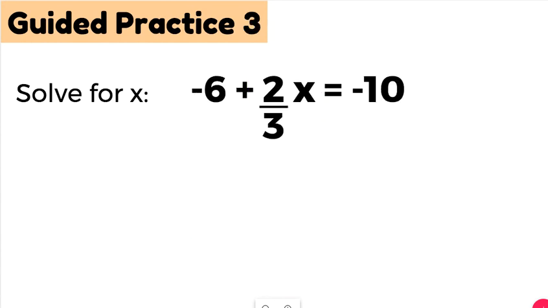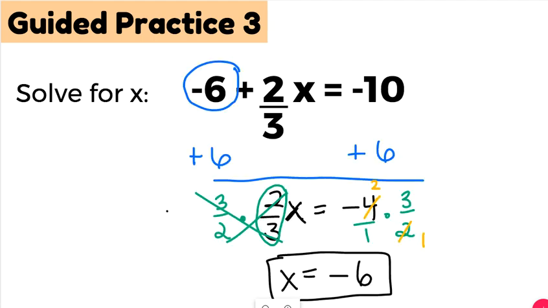Last problem. Try this guy. Hit pause. And hopefully you got negative 6 as your answer. Take a second, look through the work.